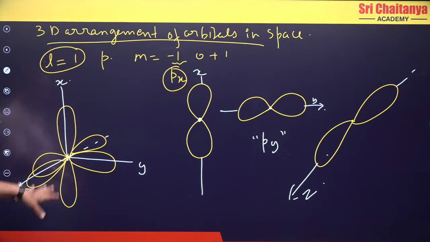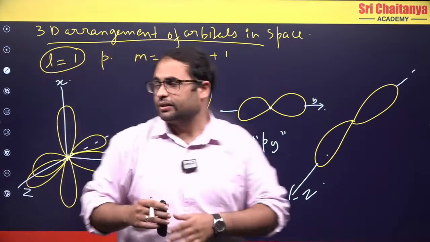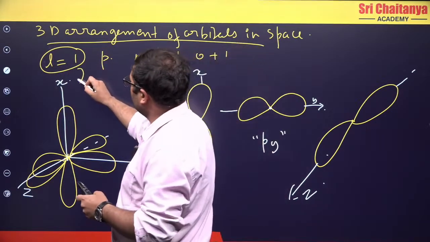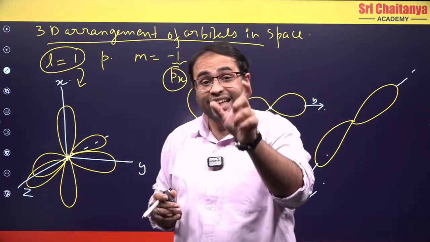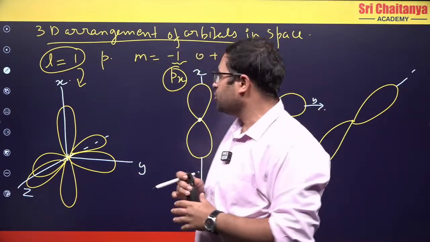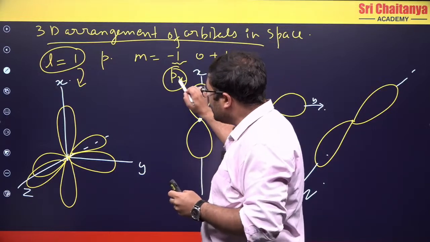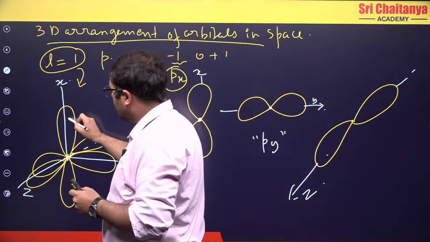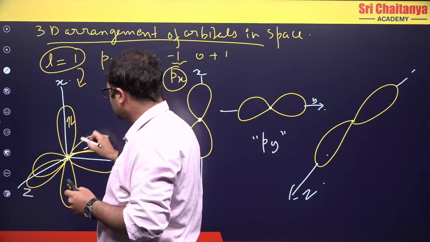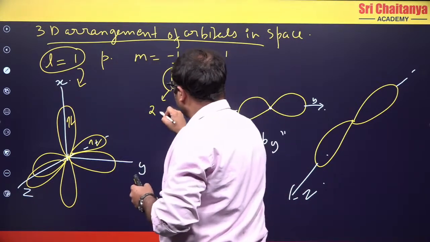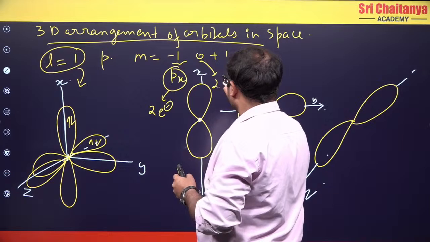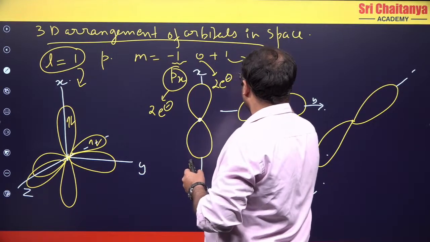Right? So, all 3 together are like this for L equals 1. In L equals 1, there are 3 spaces where an electron can come, and in each space you can have 2 electrons, right? This can have 2 electrons, this can have 2 electrons, and this can also have 2 electrons.